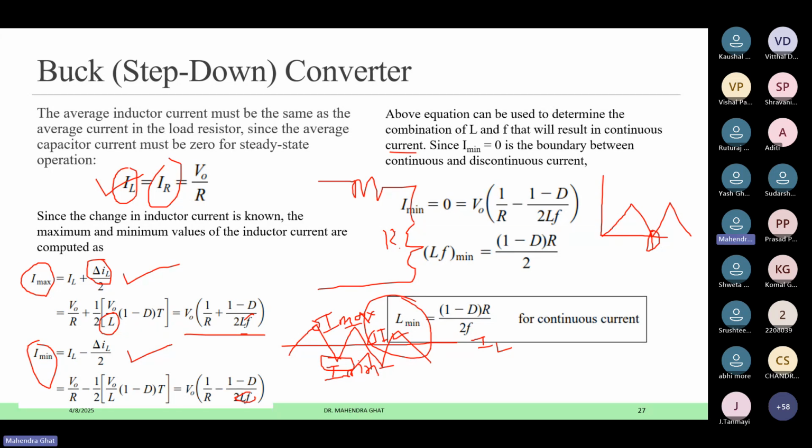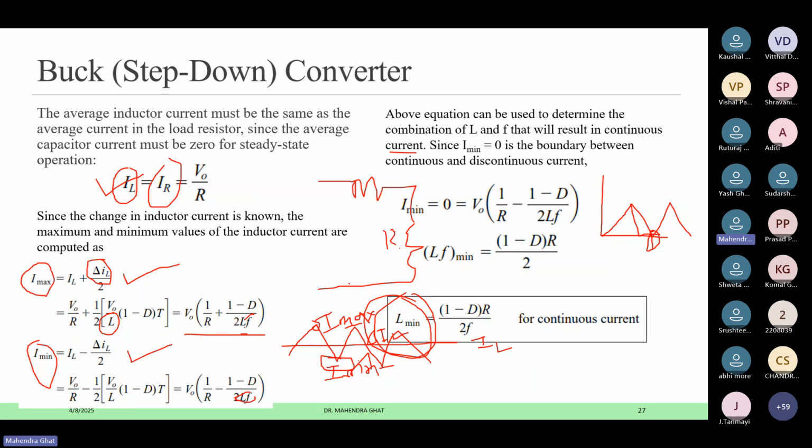But if this value is lower than this, it means I am reaching zero well before, and for some time I will remain at zero and operate in discontinuous conduction. So this is my critical value. Above that inductance value, my converter will operate in continuous conduction. At this value, it will operate at critical conduction, and below this value, it will be in discontinuous conduction.